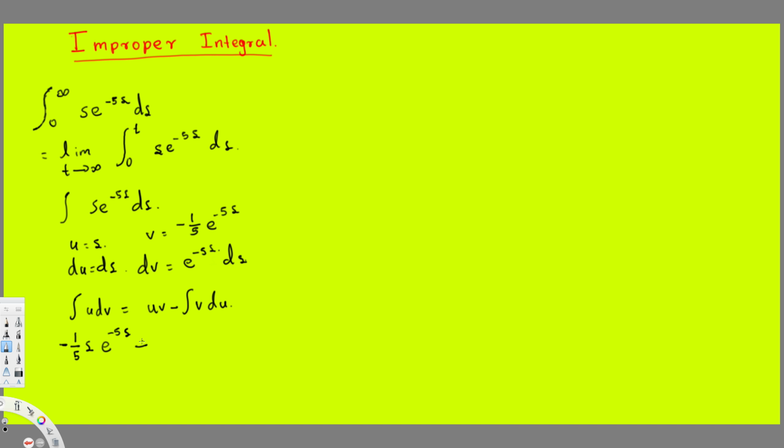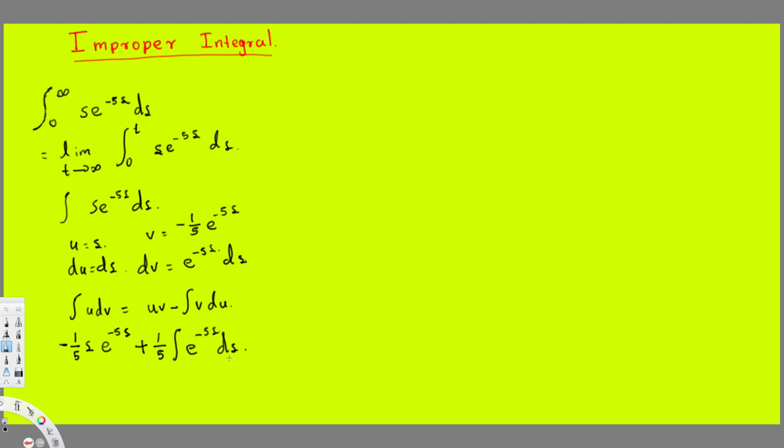So minus minus is going to become plus. I can write the 1 over 5 in front of the integral, since this is a constant. So in the integral we are going to have e power minus 5 s ds.